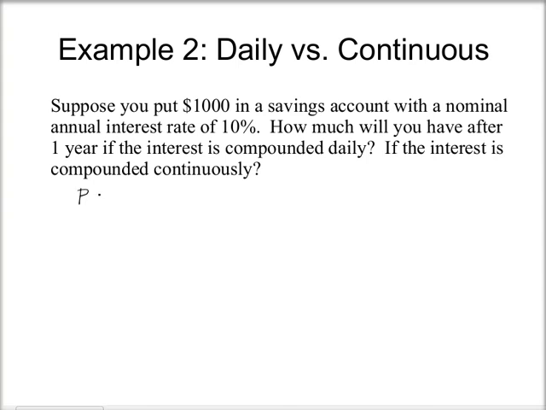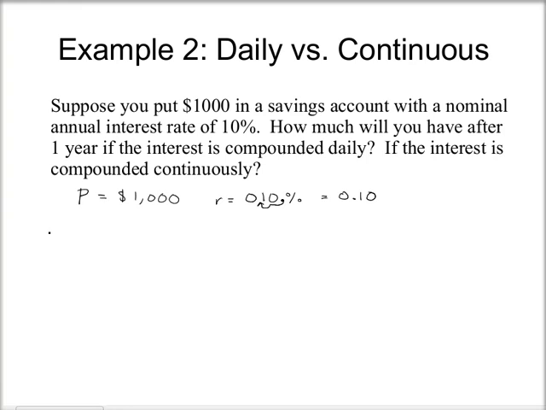My principal amount P is $1,000, and my nominal annual rate R is 10%. To convert that to decimal form, I'm going to move the decimal 2 places to the left. That's going to be 0.10 in decimal form.